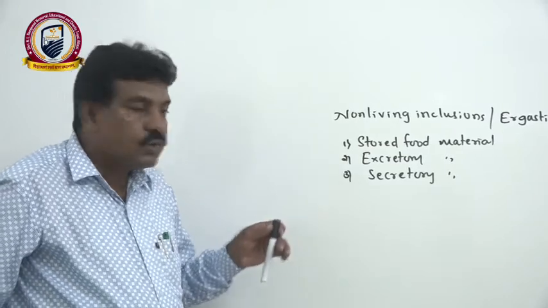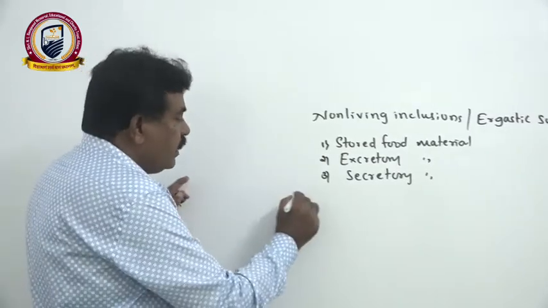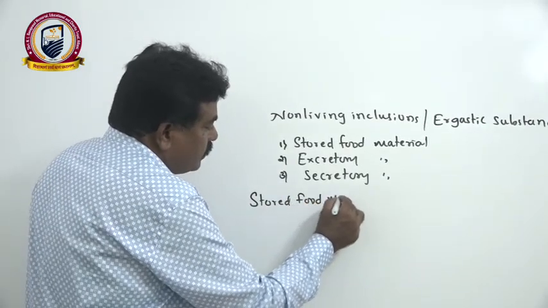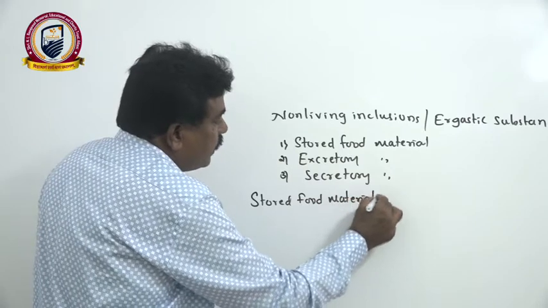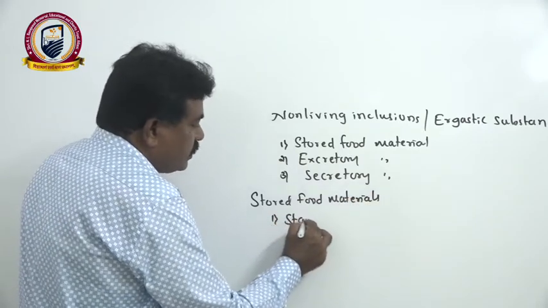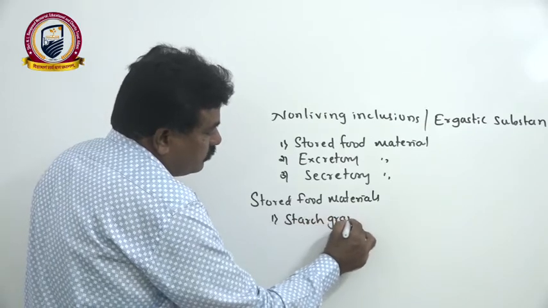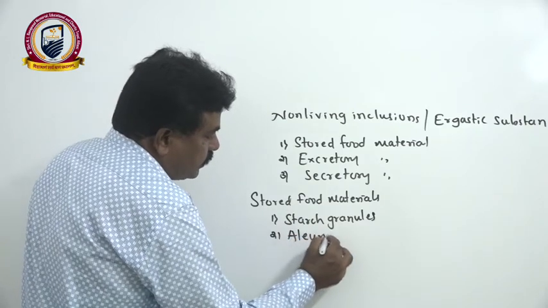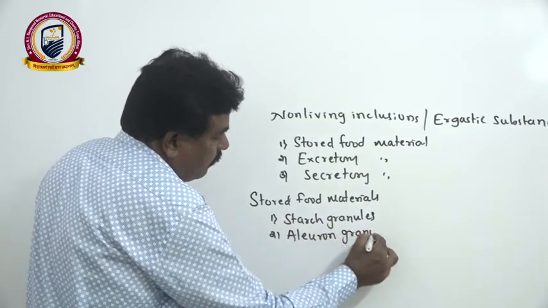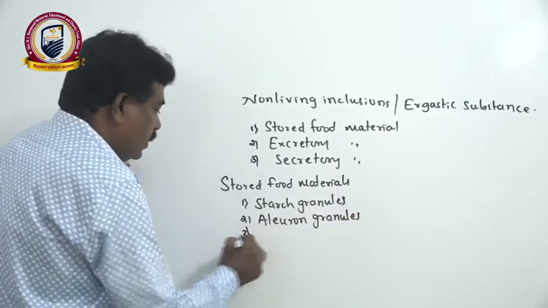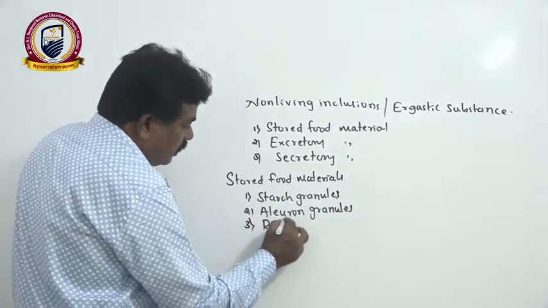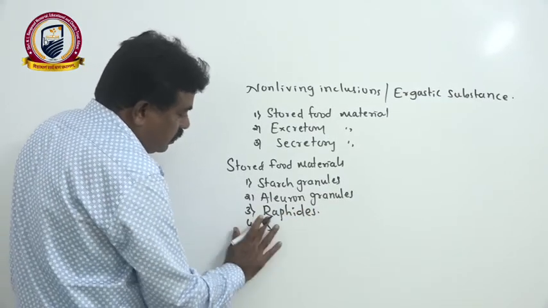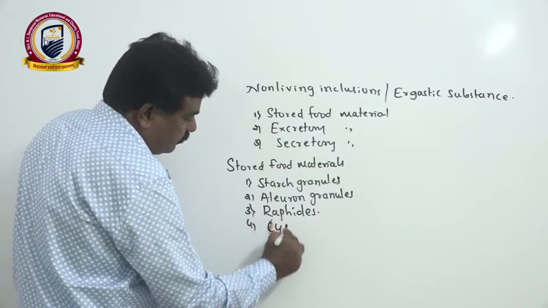In stored food material, we have different types. One is starch granules, another one is aleurone granules, the third one is raphides, and the fourth one is cystolith.